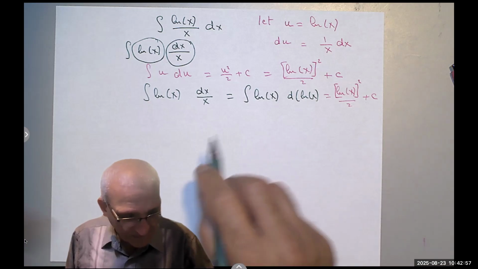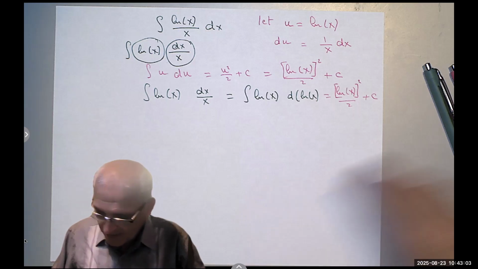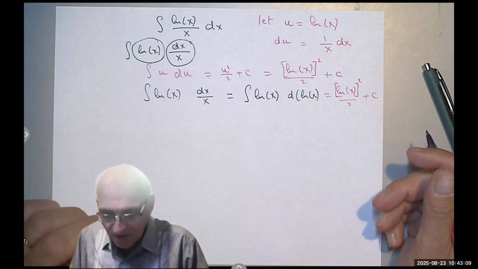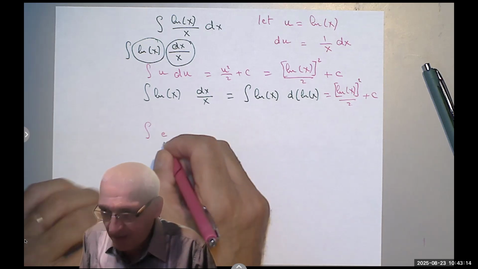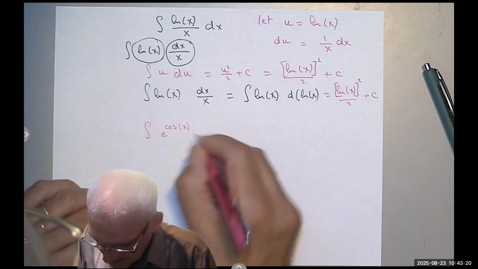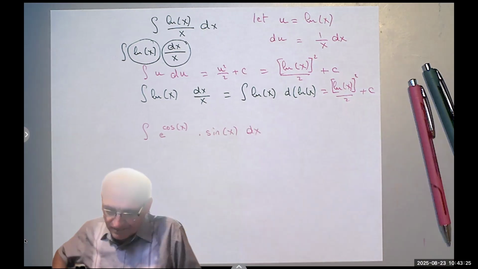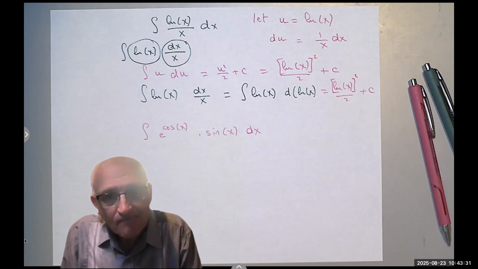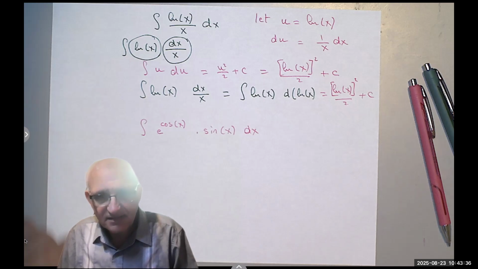Now let's take another example that would make it even clearer. Here I want to integrate e to the power of cosine x times sine x dx. If that was e to the x, I know how to integrate that.